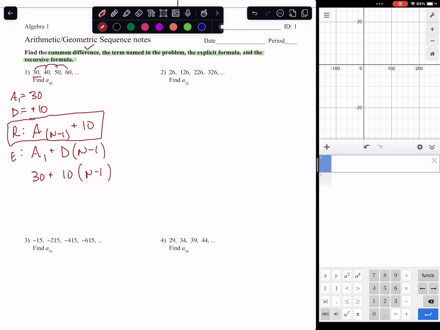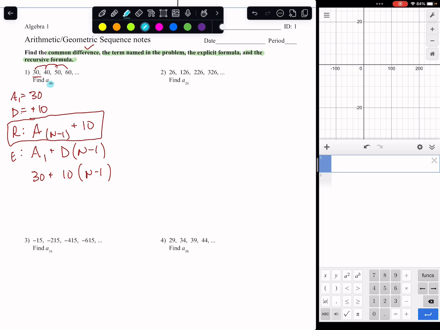But the last thing we have is our n. Our n is this number right here. N says, if you keep this pattern up, what number will be the 40th number that you come across?